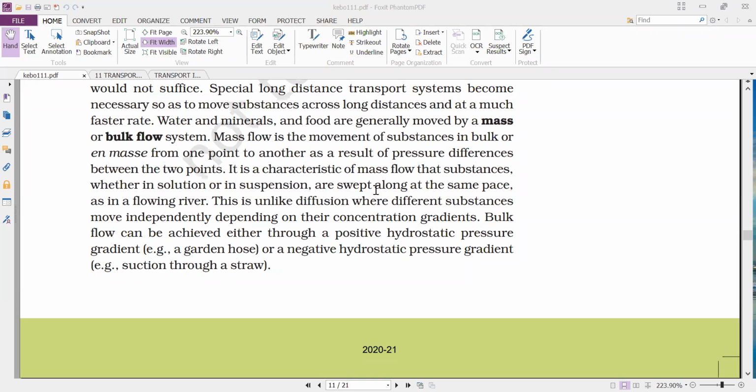So in mass flow, whether the molecules are dissolved completely or present in the form of a suspension, at whatever pace the water is moving, the molecules that are dissolved or suspended in that water will move along with that water with the same pace, that means with the same speed.